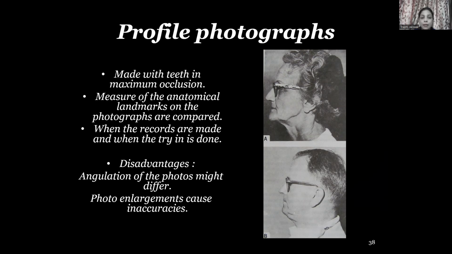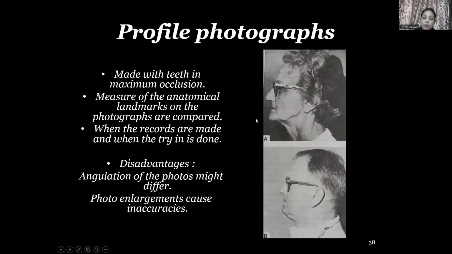Now this photograph is enlarged to the size of the patient's face, and then the anatomical landmarks measured on the photographs are compared with those of the patient. When the records are made and the try-in is done, this can be compared. This method has the disadvantage that the angulation of the photo might differ. Photo enlargements can cause inaccuracies.